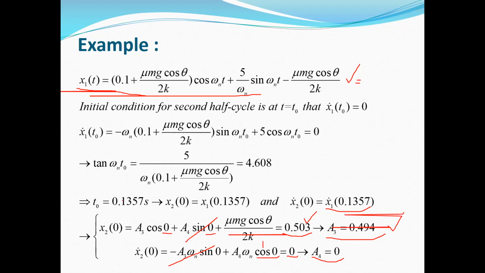And again, you should find the derivative of x2 with respect to time, and find the time at which the velocity is 0, so you can obtain t1 similar to t naught, and then solve the third half cycle. So this procedure will be continued until the mass m stops. Okay, any question? Is it clear?